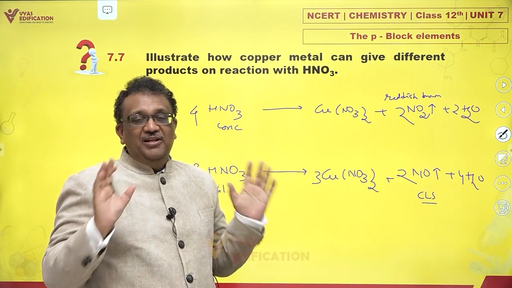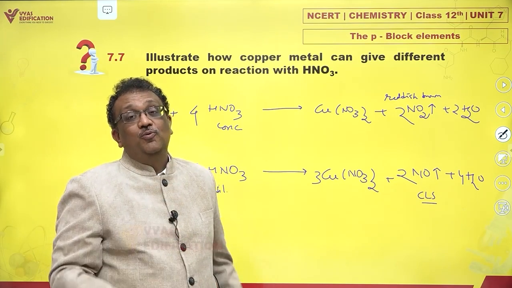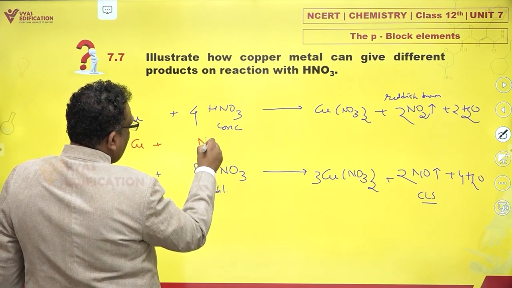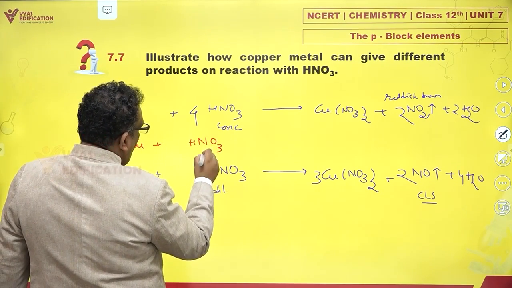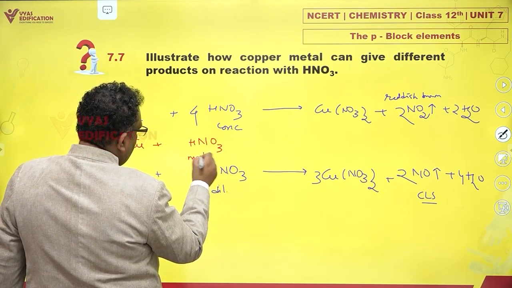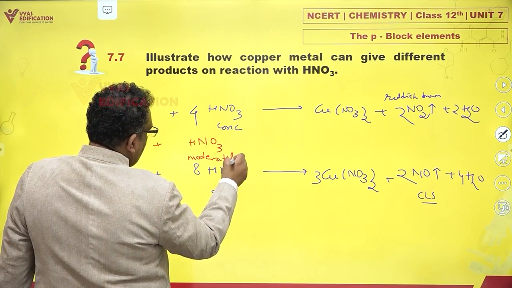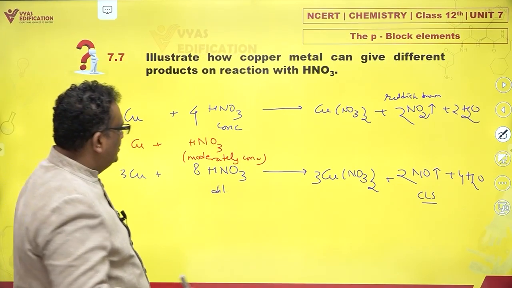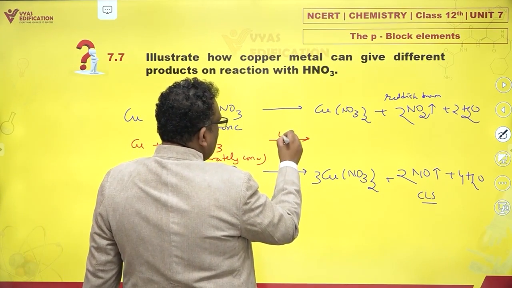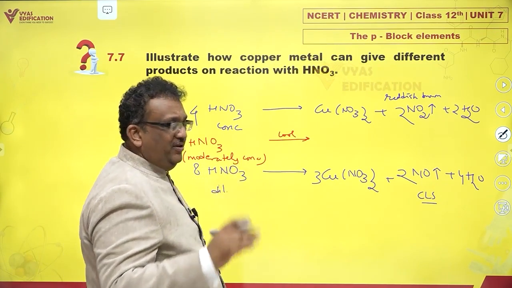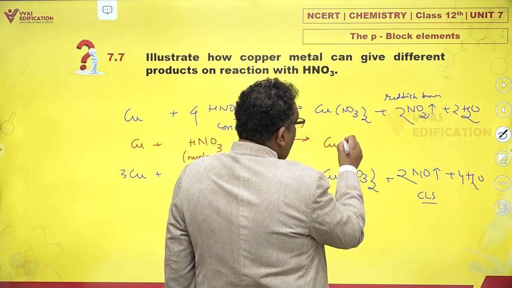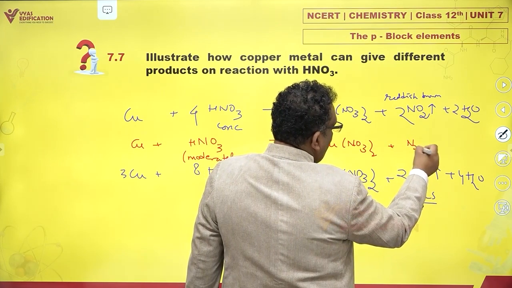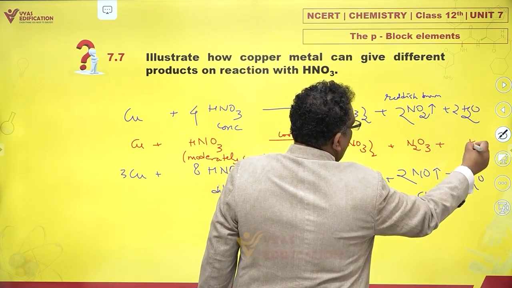These are 2 standard NCERT answers. I am telling you 2 more possible reactions. If copper reacts with moderately concentrated nitric acid, somewhere in between very dilute and very concentrated, and you cool the products, don't make it very vigorous, you get copper nitrate, yes, you get N2O3, oh my god, and you get water.